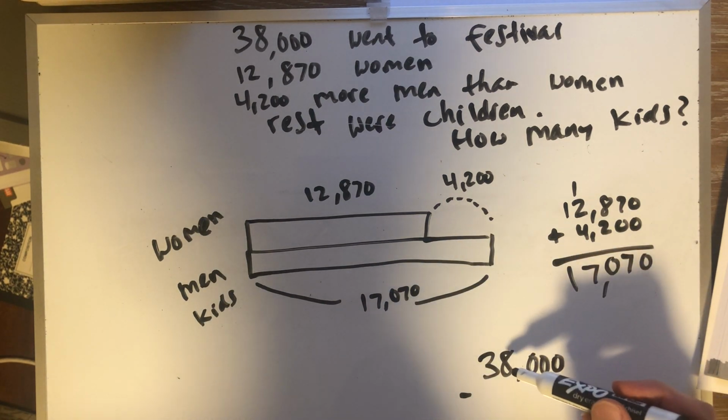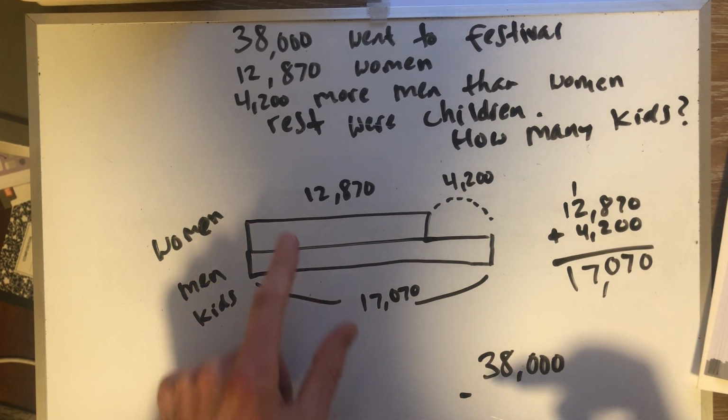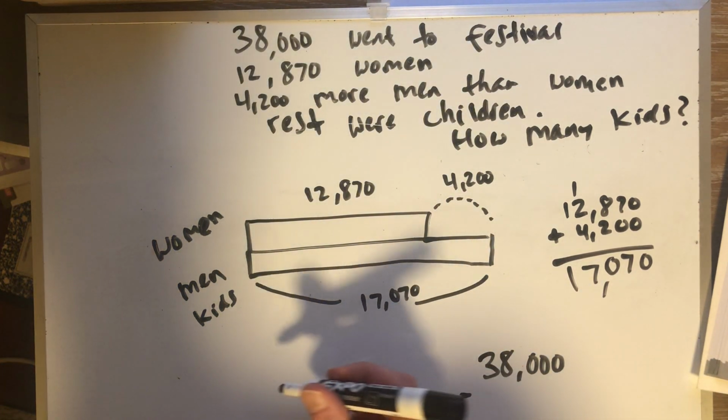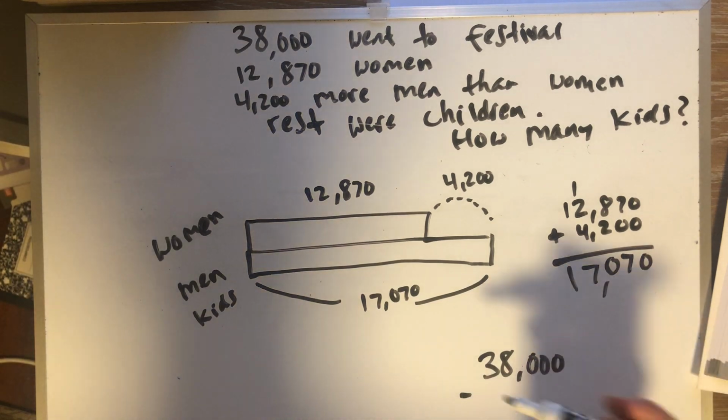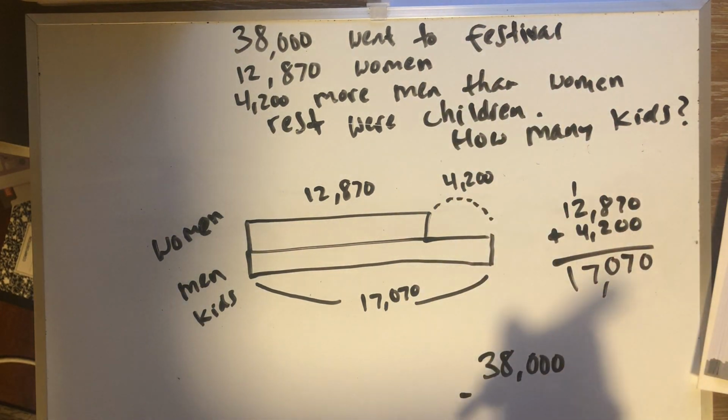Rather than minusing one and then the other, I think I'm going to add up the men and the women, and then subtract that from the total. I feel like that might be easier. Rather than two subtraction problems, I'm going to do an addition problem. So I'm going to add up the men and the women.